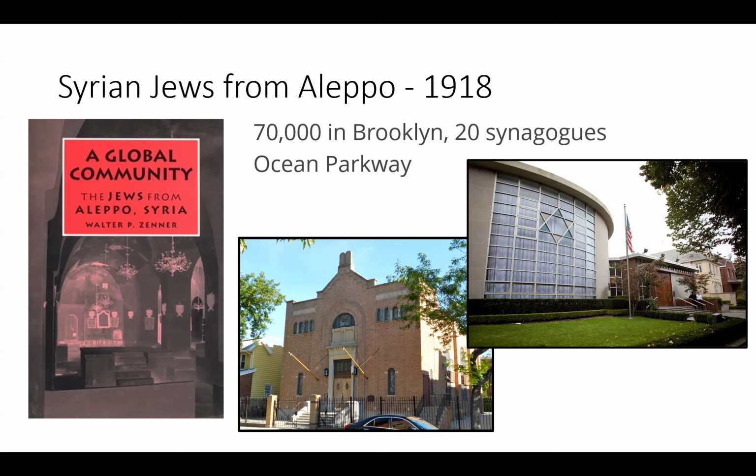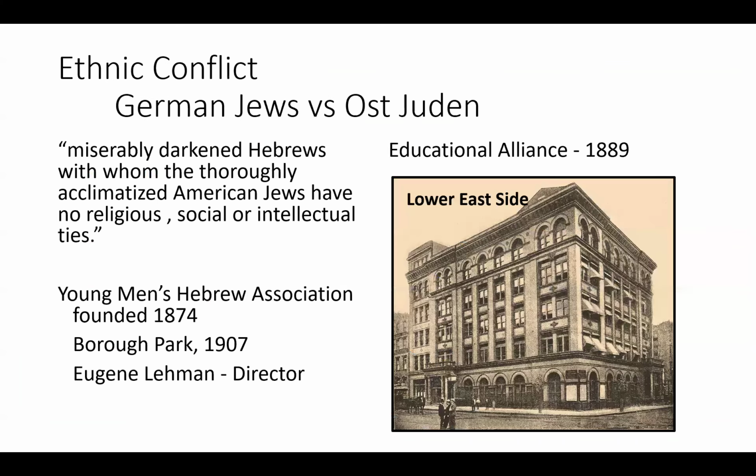In fact, by the turn of the century, it's estimated there were some 70,000 Syrian Jews with 20 synagogues, which still exist today, as, once again, the Syrian Jews have their own language, their own culture, their own traditions, their own cuisine, their own way of dressing, and added to this Jewish diversity, which is so typically Brooklyn.